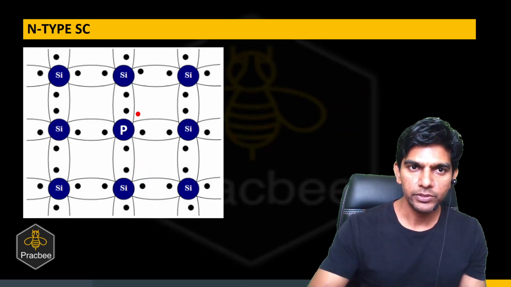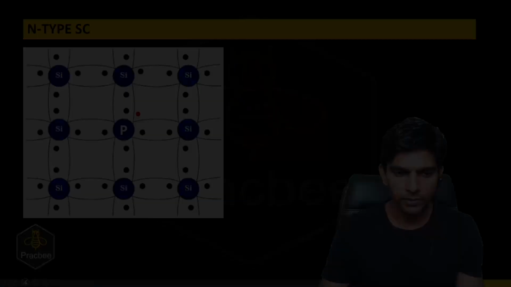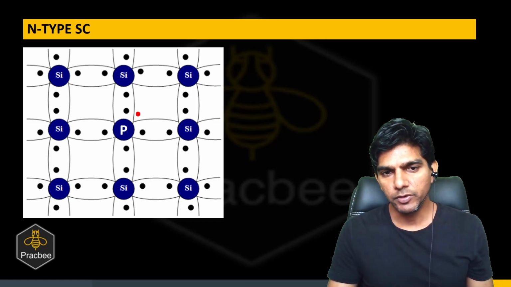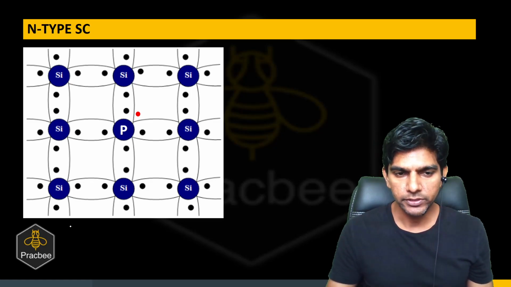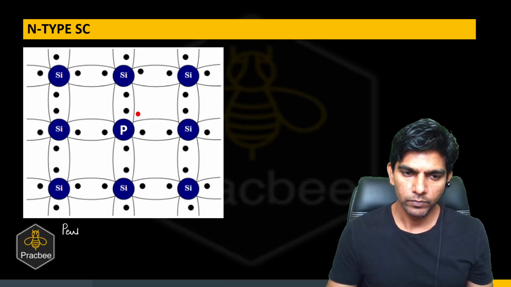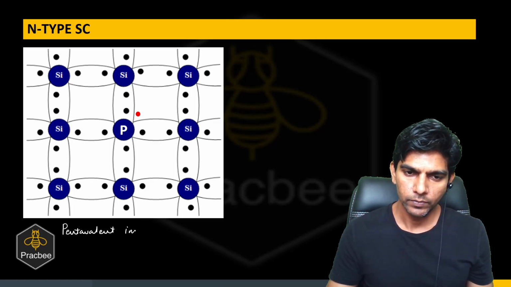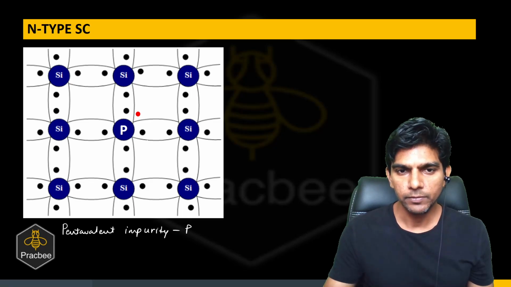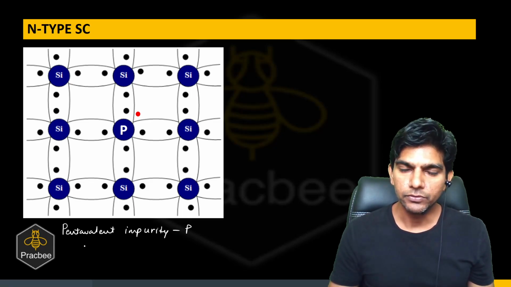Now let us see the example of an N-type semiconductor. In an N-type semiconductor, we have replaced some silicon atoms with phosphorus, which is pentavalent. So we have a pentavalent impurity. Phosphorus has 5 electrons in its valence shell, and 4 of these electrons will be used to make bonds with the neighboring 4 silicon atoms.